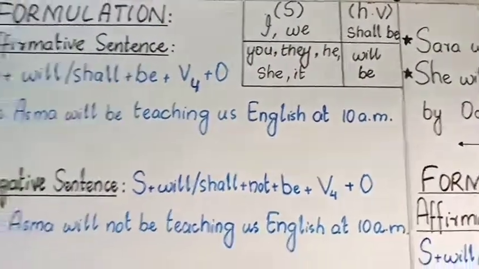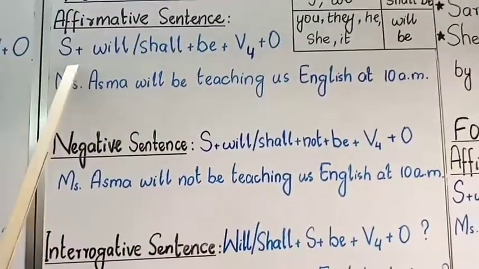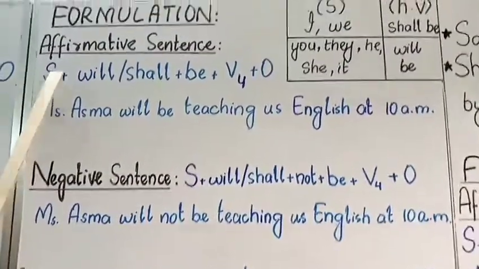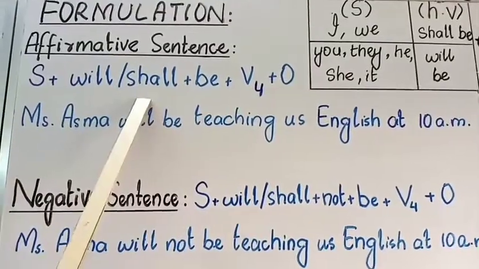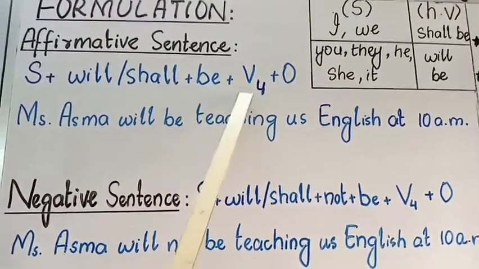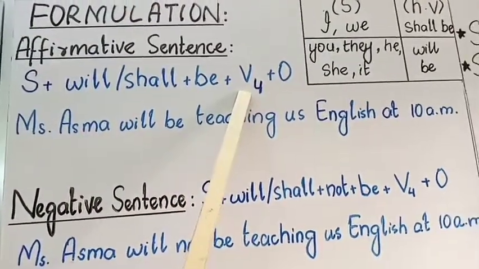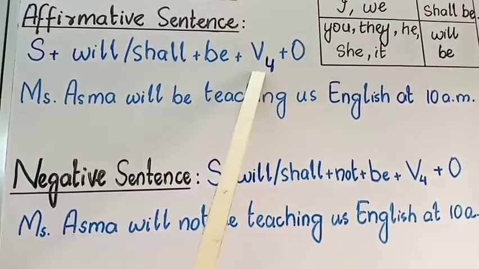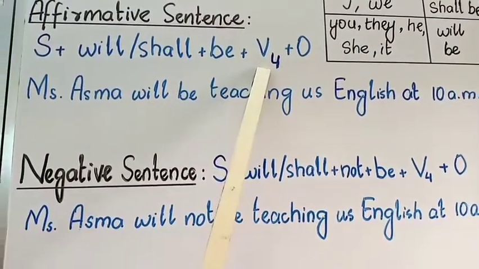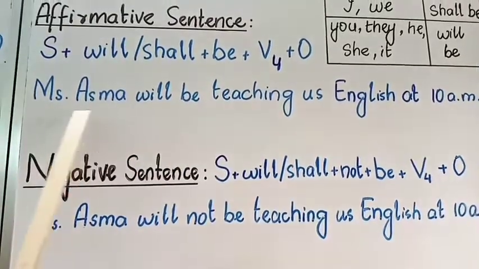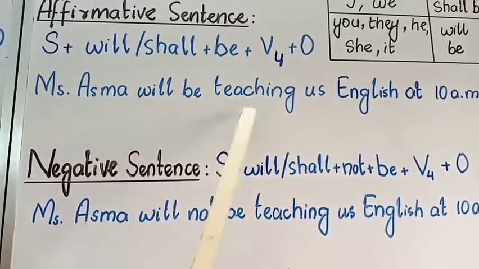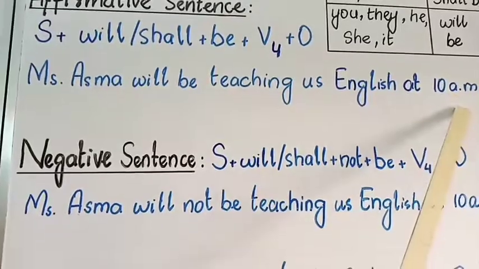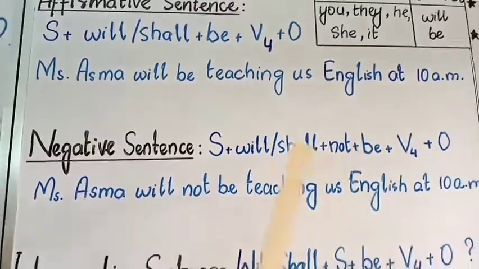So for affirmative sentence we have formula subject plus will or shall plus be plus fourth form of verb, or ing form of verb, plus object, that is present participle. So example is, Miss Asma will be teaching us English at 10 a.m.